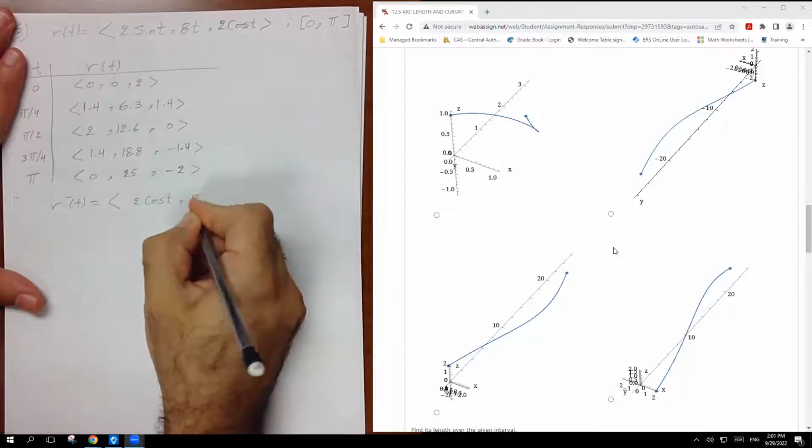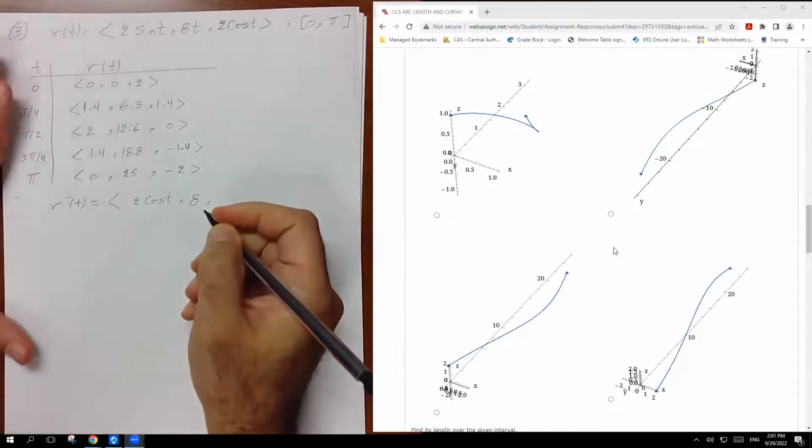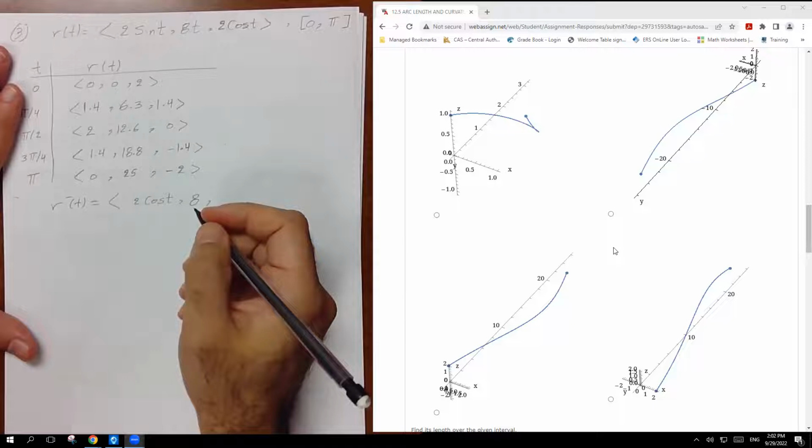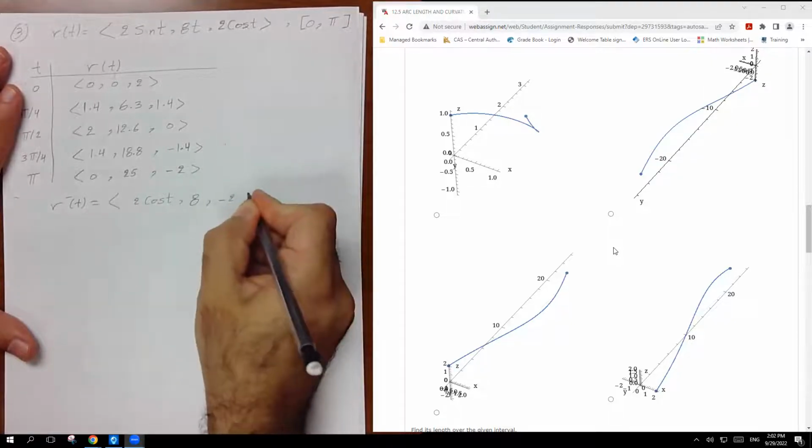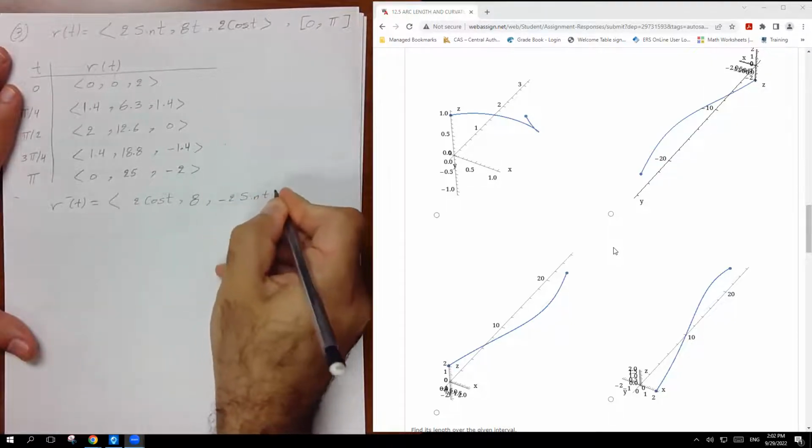And 8, and the derivative of 2 cosine is going to be -2 sine t.